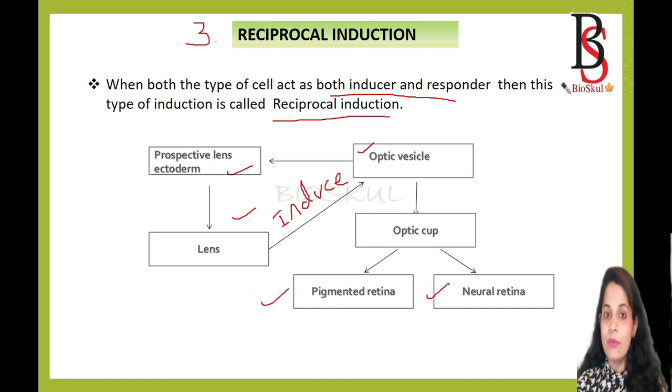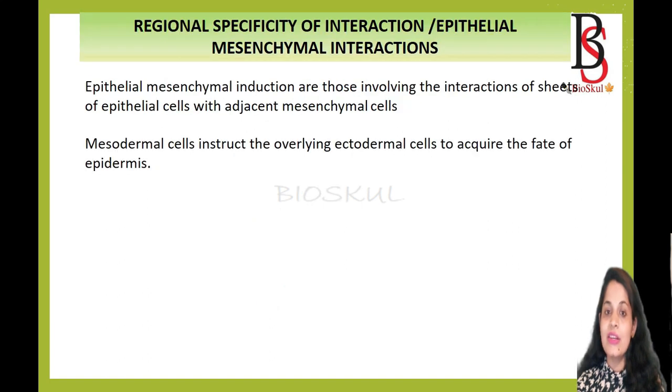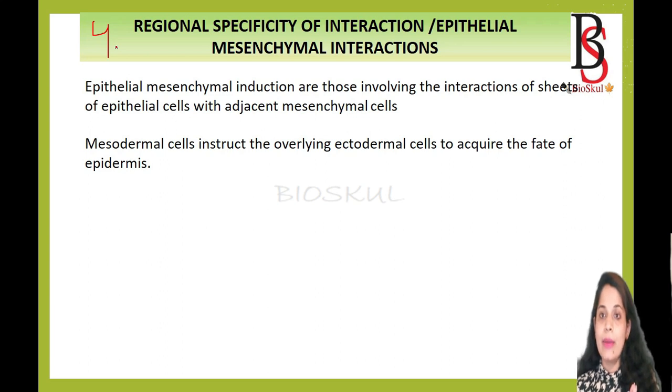And the fourth type of induction is regional specificity of induction, also known as epithelial mesenchymal interaction. As its name indicates, epithelial mesenchymal interaction involves the interaction of sheets of epithelial cells with their adjacent mesenchymal cells.